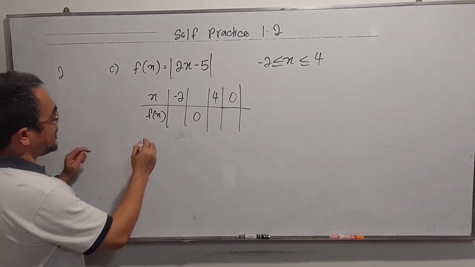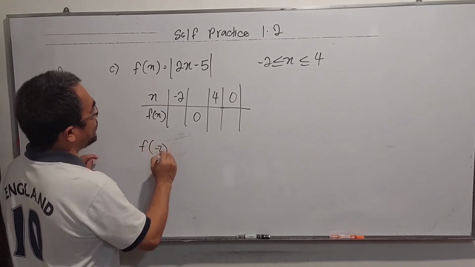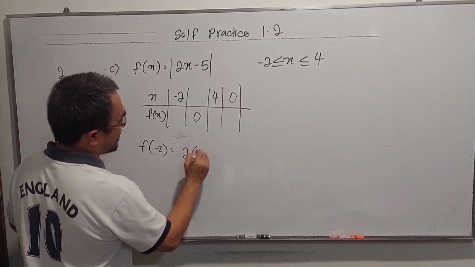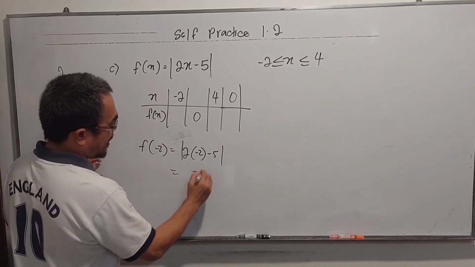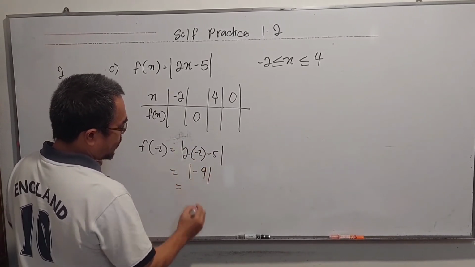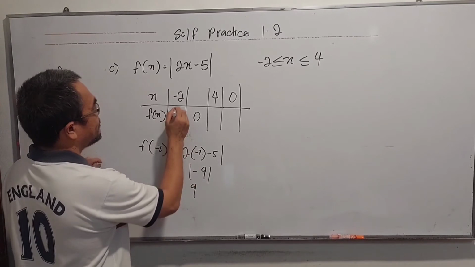Then we calculate f of negative 2 is 2 times negative 2 minus 5. It will be negative 9. So the final value is 9.